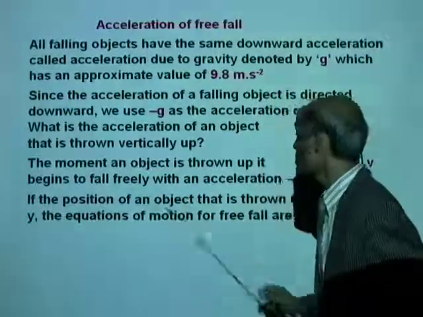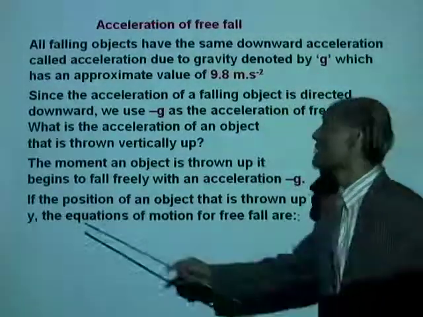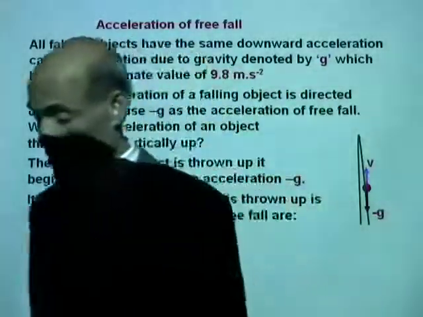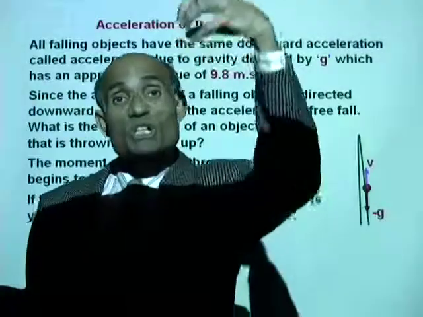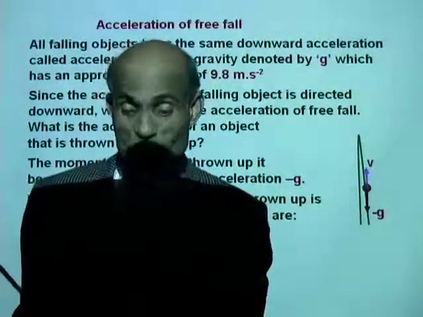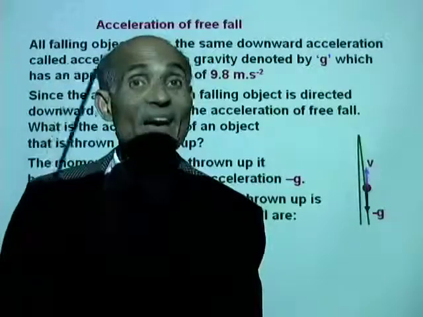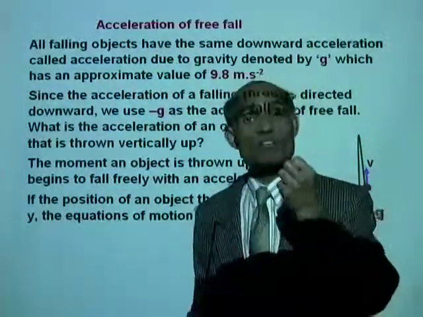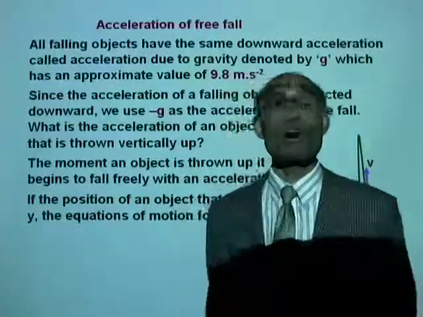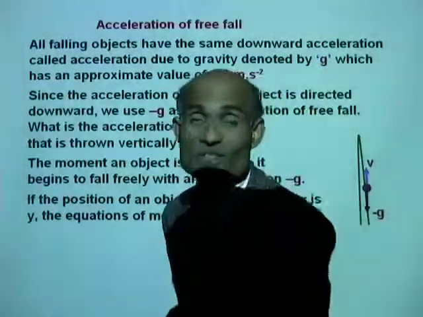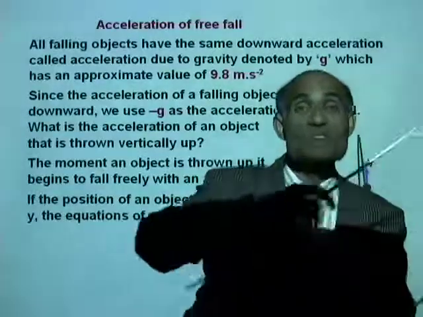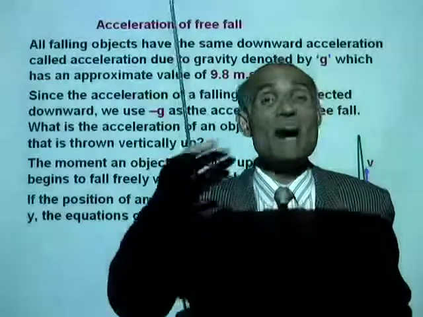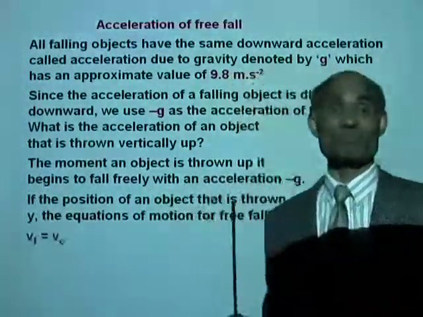So if the position of an object that is thrown up is y, the equations of motion. Because we are now dealing with vertical motion here, the position will no longer be called x, we will call it y. That means if you now want to construct equations for a freely falling object, we can use the same equations we developed earlier, but we will replace a there by negative g.